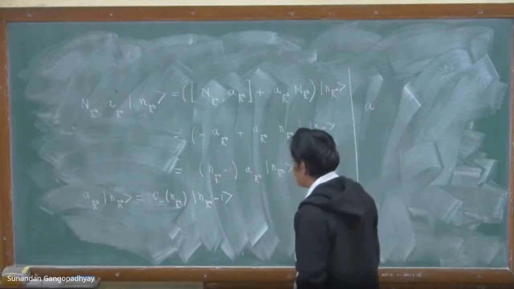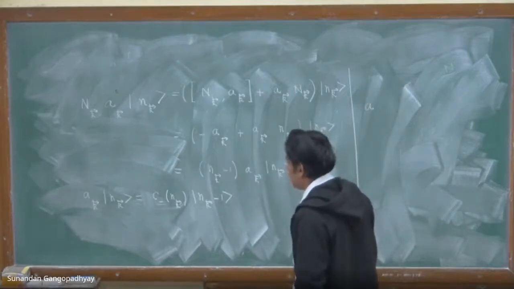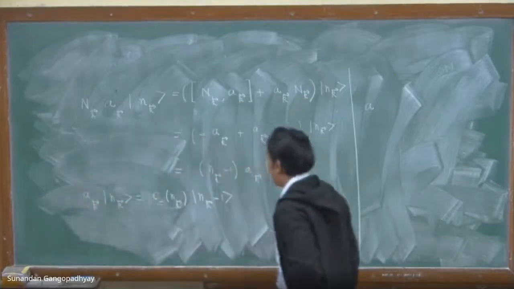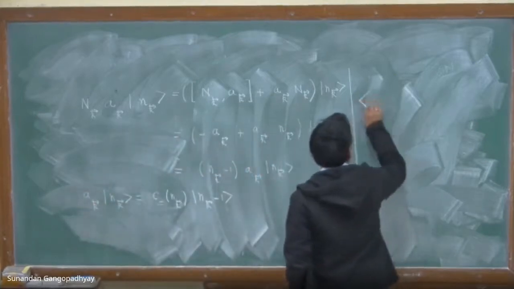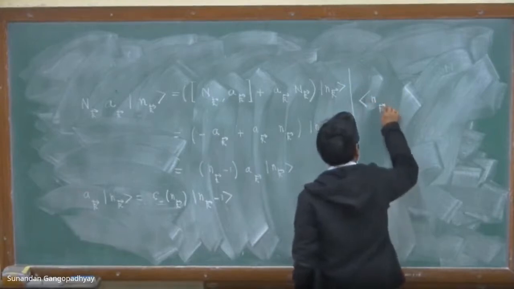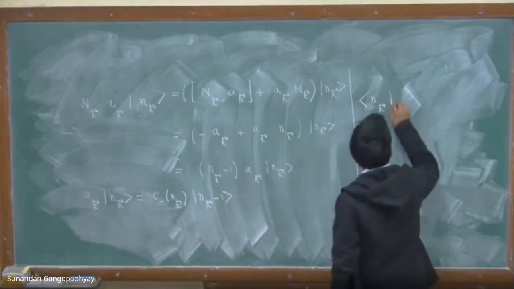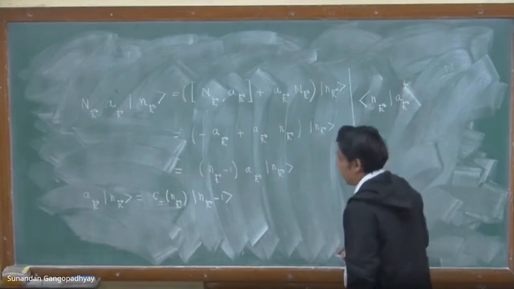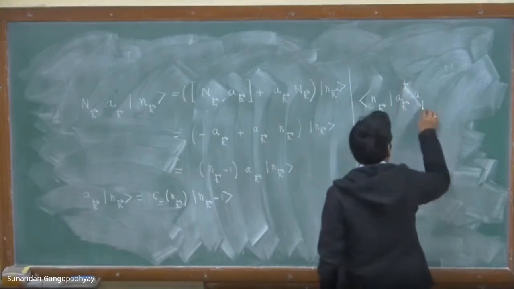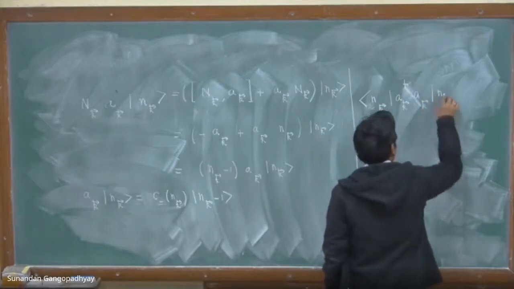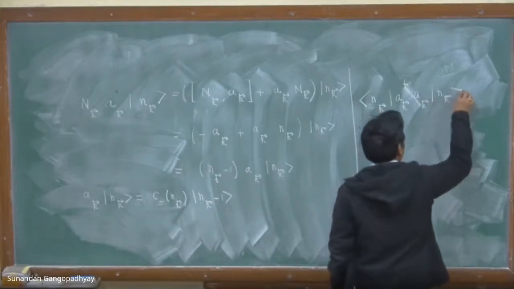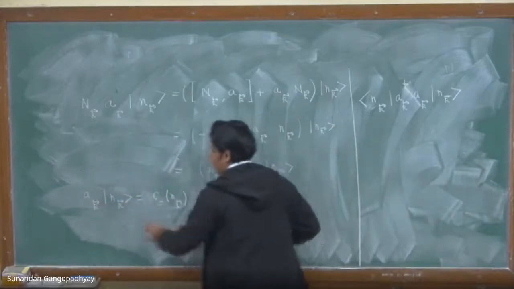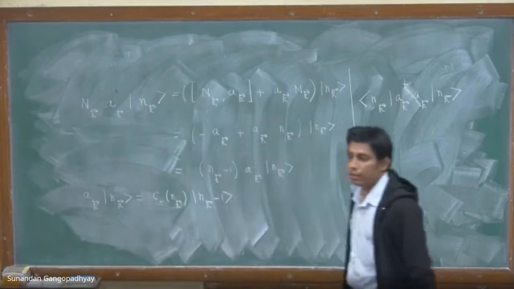then we can write the following: if I take the dagger of this full equation, we will have bra nk, a dagger k, and then AK, ket nk. So we are just taking the dagger of this equation and then multiplying these two things.